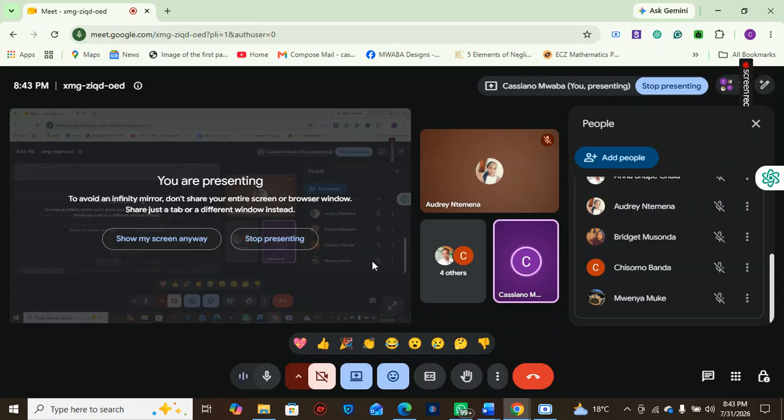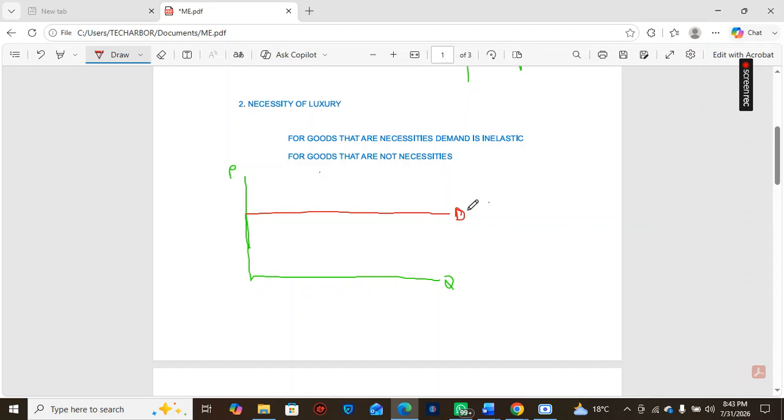The demand curve in perfect competition is perfectly elastic, because everyone is selling the same goods and customers are aware of prices. So if you try to increase the price even by one ngwe, you're going to lose all your customers. Why? Because everyone knows the price of the good.